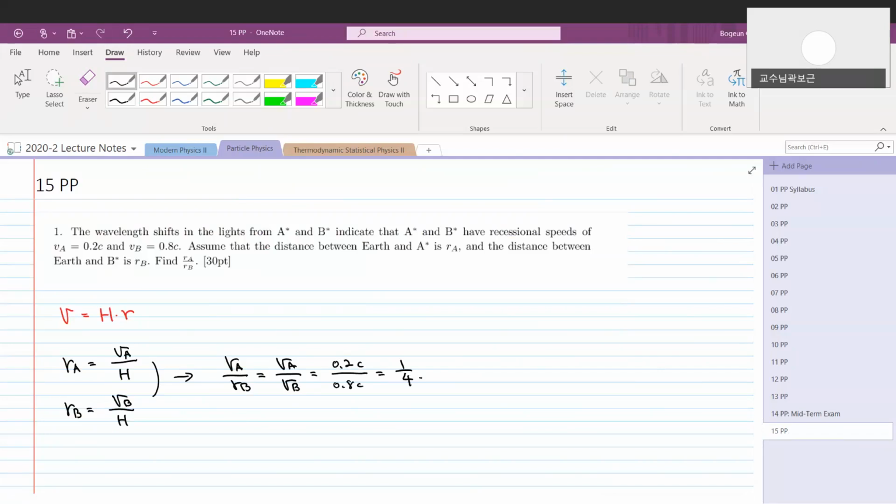So RB is 4 times RA. So that's the solution for this kind of problem. And let's go to the second one.